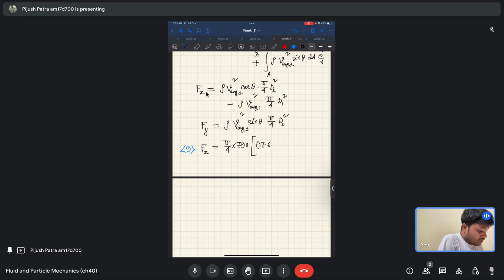It is 17.684, into the diameter is also there, 0.06 square, into cos 30 degree, minus rho into pi by 4 I took common, so it is 6.366 into 0.1 is the diameter there.